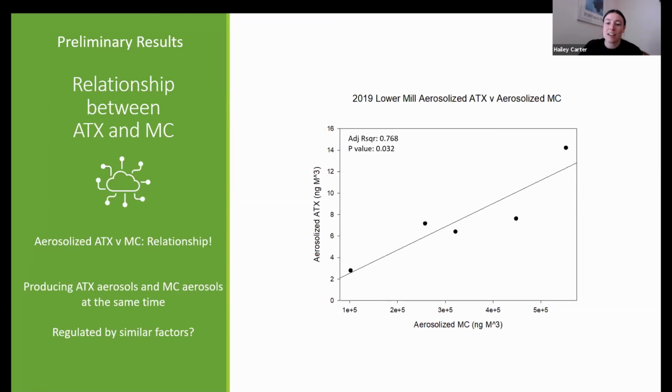I wouldn't say that there's a significant cause and effect relationship here, but I found this very exciting because it shows that anatoxin and microcystin aerosols are being produced at the same time, which suggests that the aerosolization of anatoxin and microcystin may be regulated by similar factors.